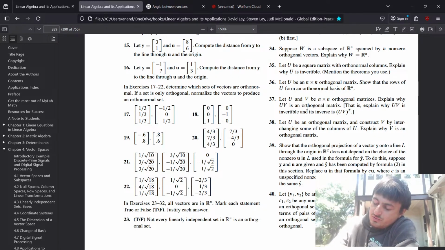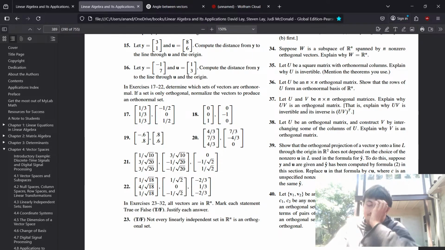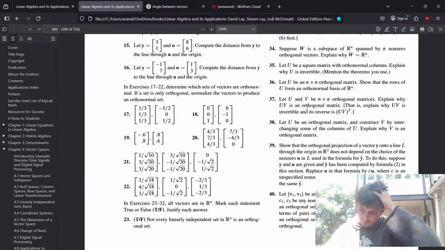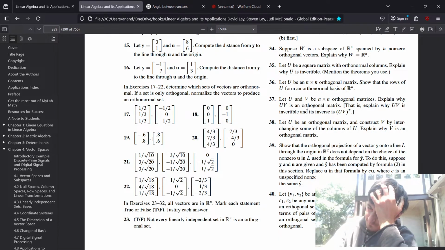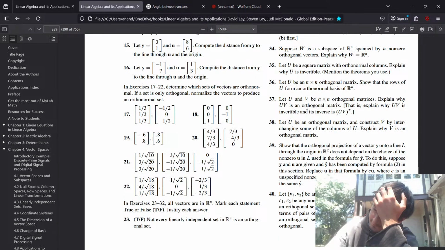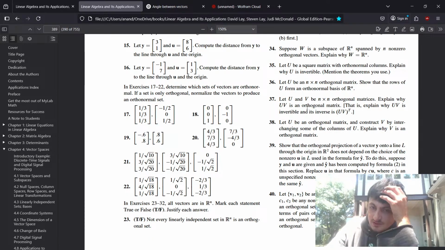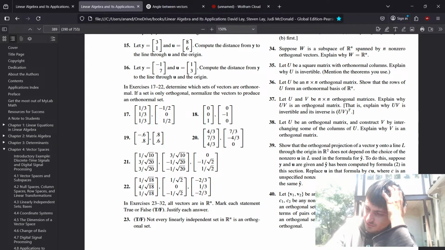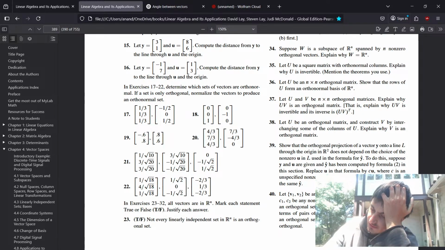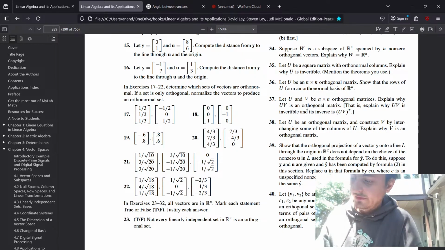So then U transpose V transpose is equal to... actually, let's do it the other way. Let's say V transpose U transpose is equal to V inverse U inverse. So that means that UV transpose equals UV inverse. All right, so there we go.